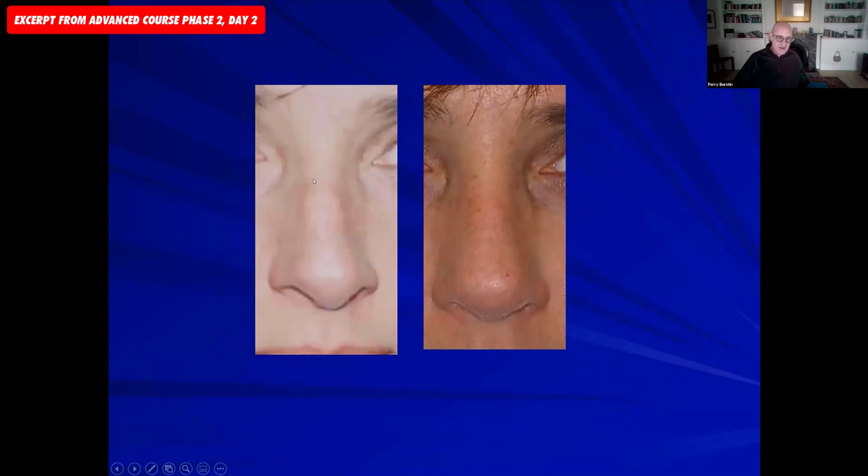Here we've got a mid third that's twisted, and so we're going to put eccentric spreader grafts in to help with alignment and straightening and valvular repair. Here, a person whose nose is very thin in the mid part of the nose, we put this in here to get this nice brow aesthetic line so that it's harmonious.